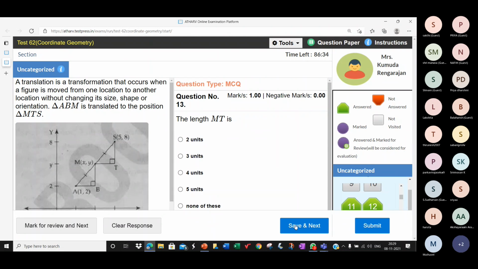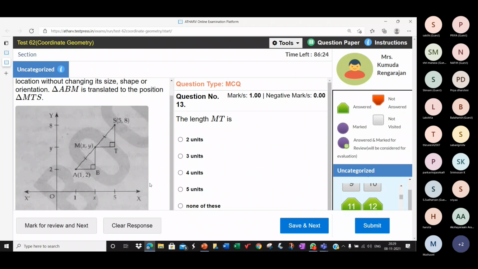The length MT. Two units, ma'am. 2 units, huh?